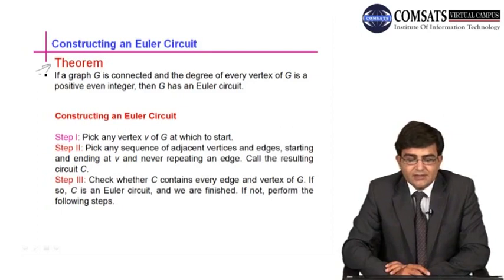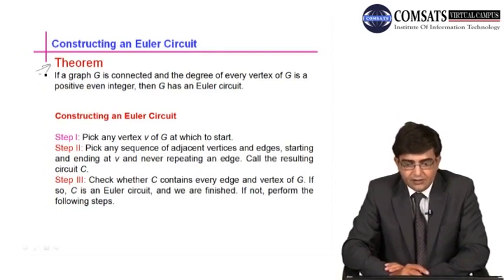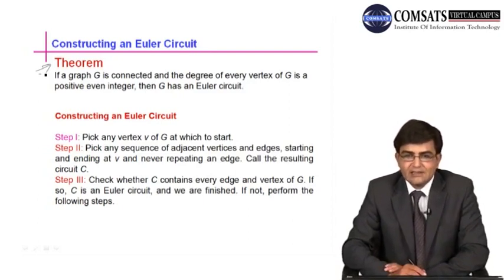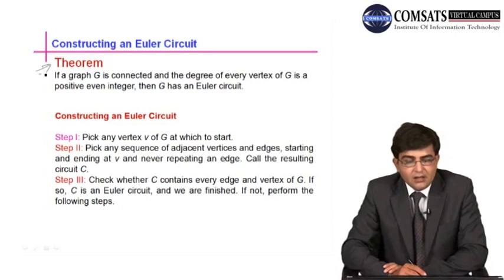So this theorem gives us complete information on when a graph G has an Euler circuit, that is, when the graph is connected and every vertex of G has even positive degree. This completes the information we need to decide whether there is an Euler circuit in a graph or not. Now the question is how to construct an Euler circuit in a graph.